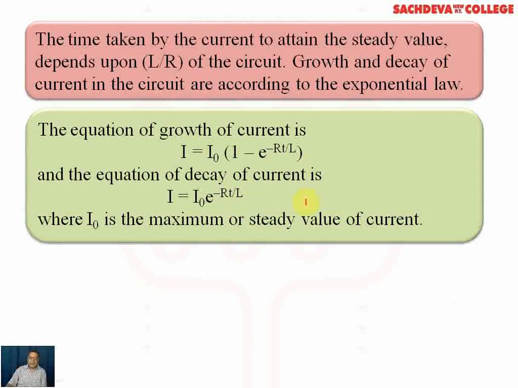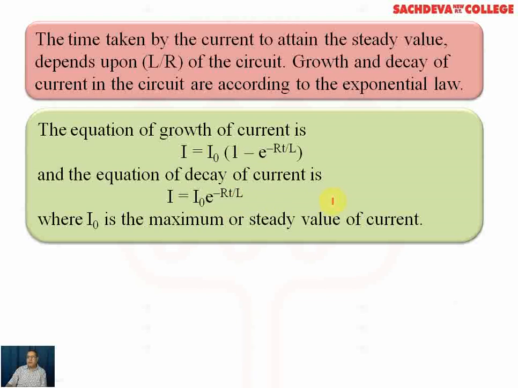Now during the decay equation, we don't take the whole equation. It will simply be reduced to I is equal to I naught e to the power minus RT over L. For such calculations, you will remember we have to use the logarithm. For example, we have to take log 2 base e. So we have to remove base e by using base 10.